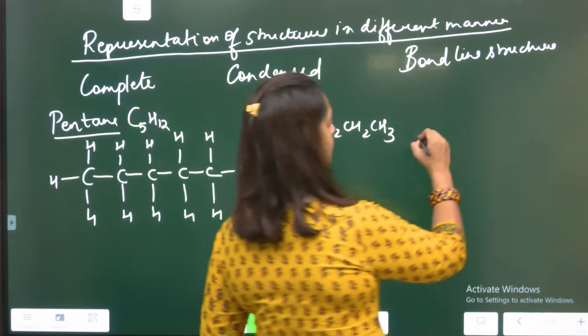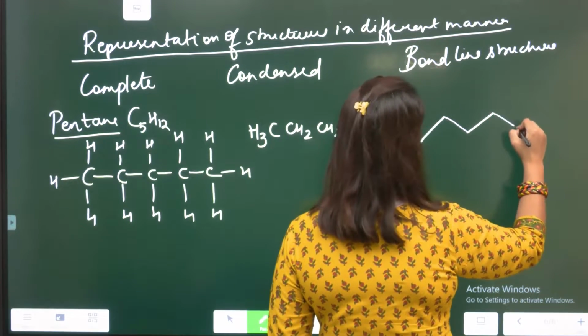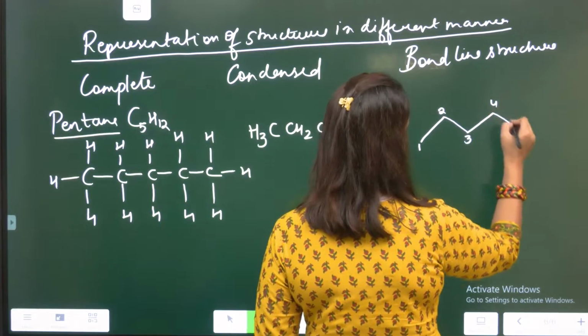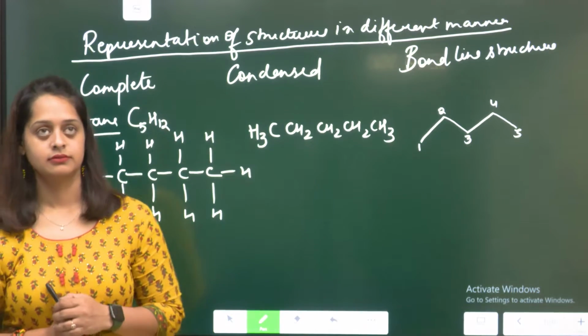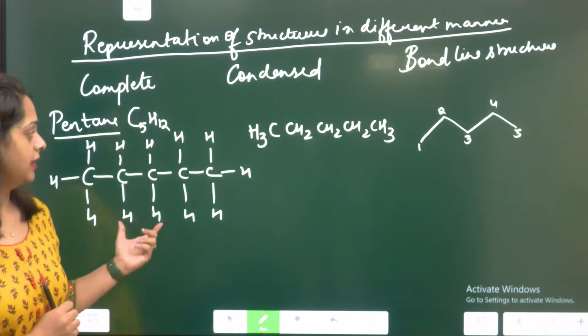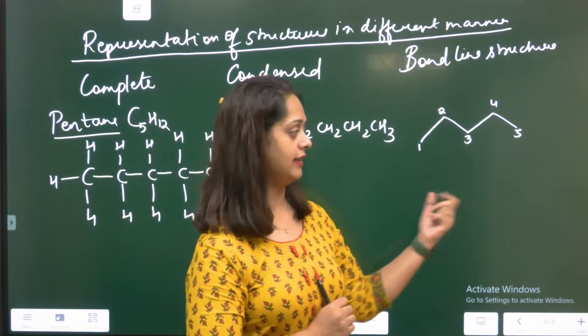Whereas in the bond line structure, the carbon is represented by a line, 1, 2, 3, 4, 5, and you do not represent hydrogen over here. Clear? The complete structure, condensed structure, bond line structure.